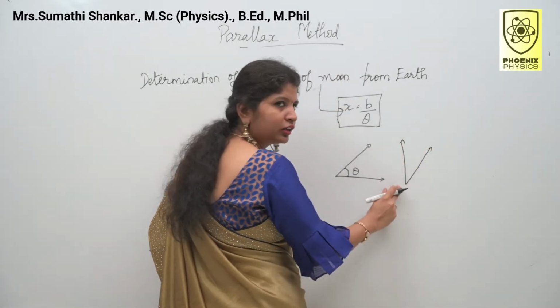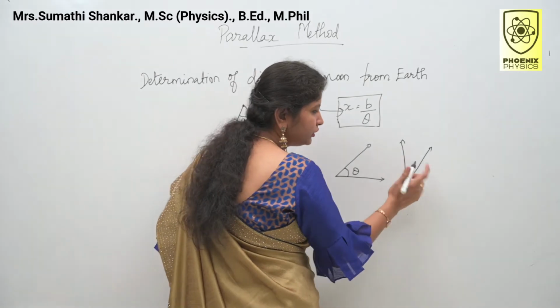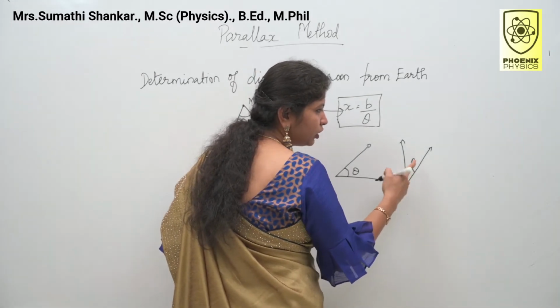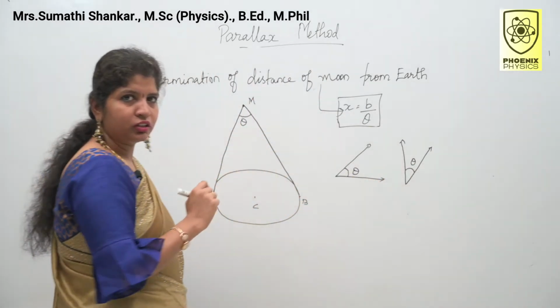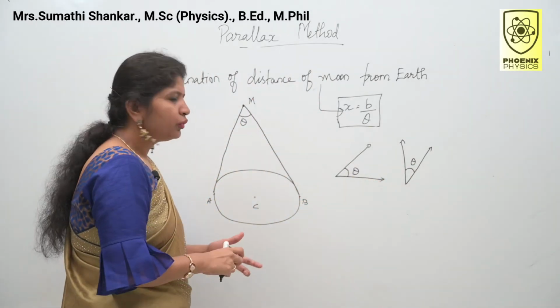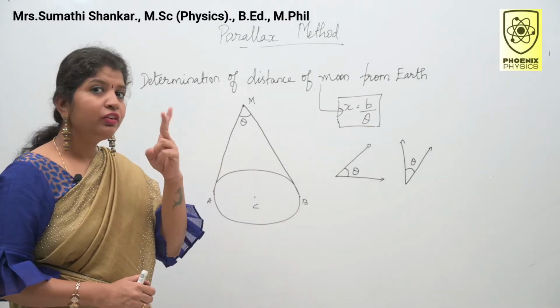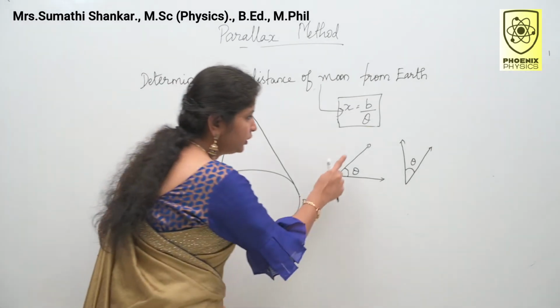So this will be our reference line, and the angle between these two lines is theta. So if you want to define or find theta, we need two lines like this.